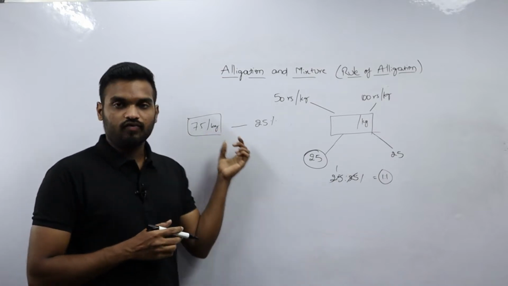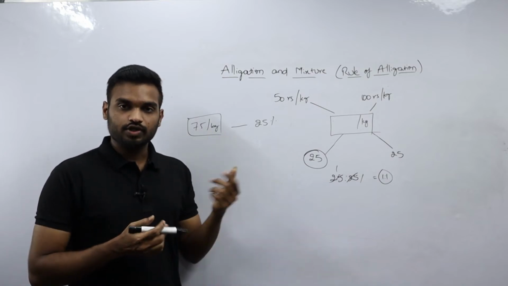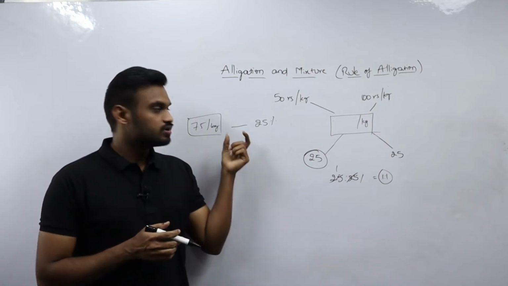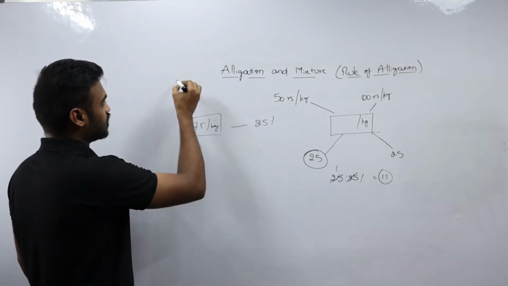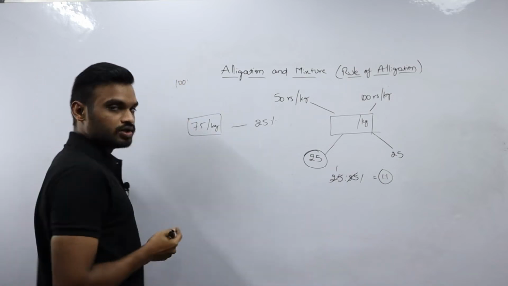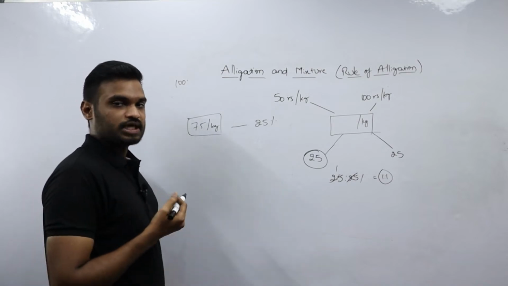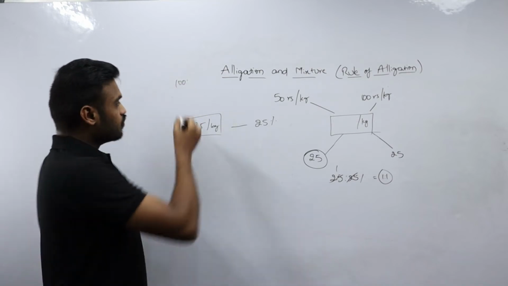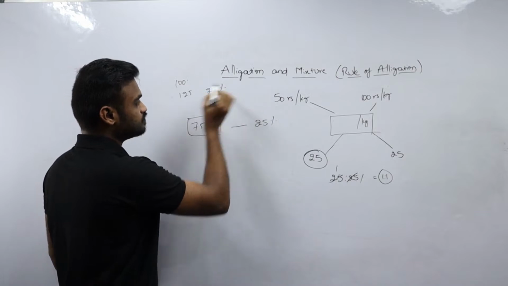If you have watched the profit and loss tutorial, you might have understood this easily. Even if you haven't watched, I will explain the same scenario. Suppose I have an item of value 100 rupees. Now I am selling the same item for 125 rupees, making a profit of 25%.